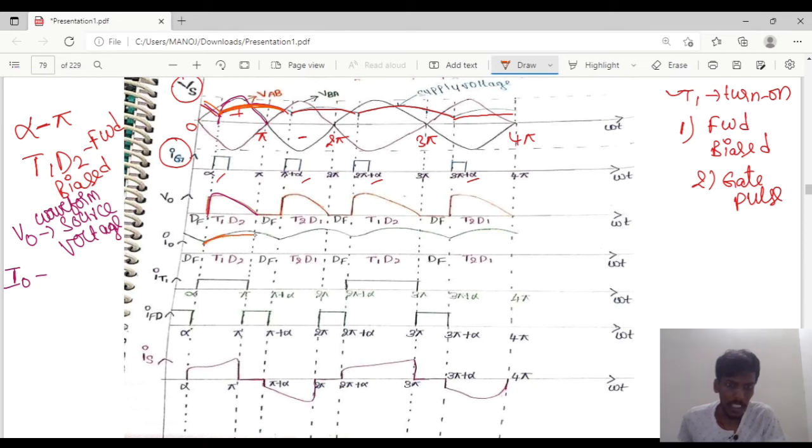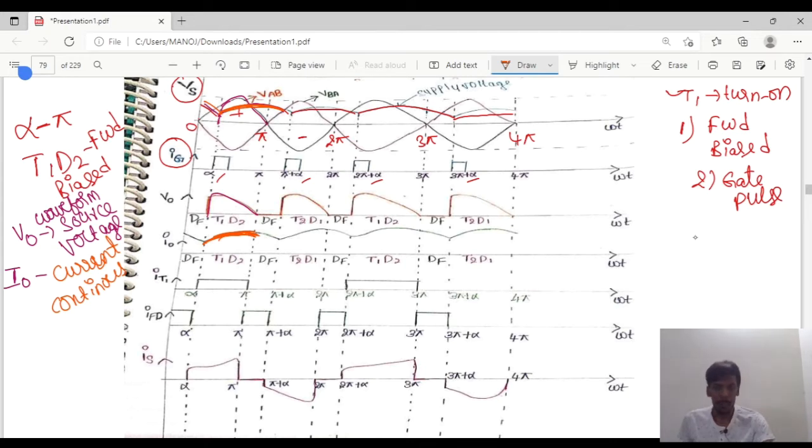From alpha to pi the current will be continuous. So in the gate pulse, from alpha to pi, thyristor T1 and D2 will be forward biased, the output follows the source voltage, and the current will be continuous from alpha to pi.